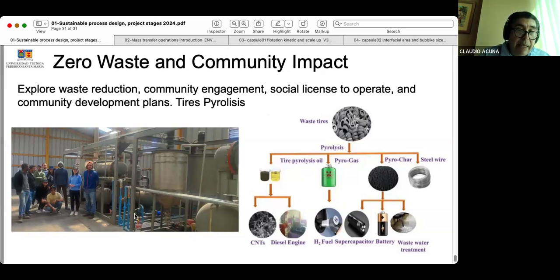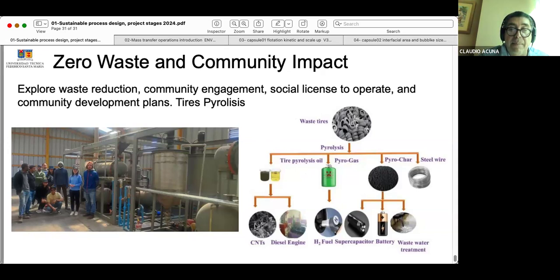In this case, we will be visiting this plant not only because it's in regard to the process design course, but also because it's in San Pedro de Atacama. It's a nice place to know. So this is a pilot plant that was built by my colleague from Católica del Norte. They cut the tires and they use a process called pyrolysis, which is a process when you heat and, in short, you distill in an oxygen-free atmosphere, and you generate different materials.